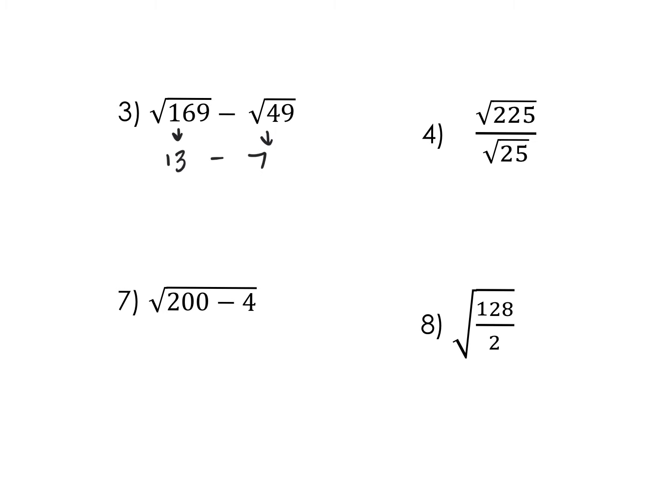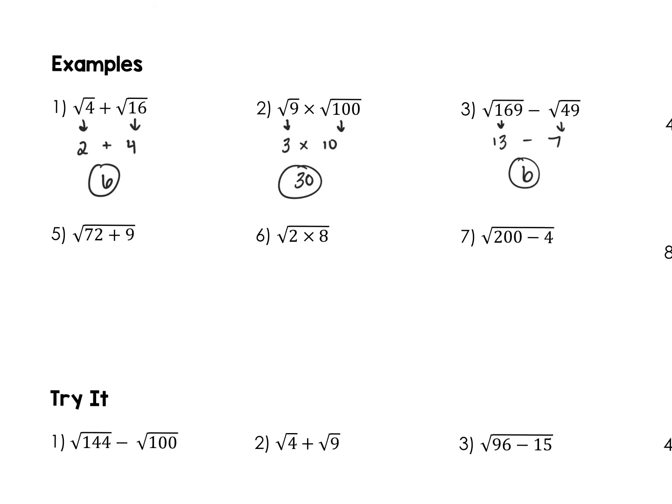Square root of 49 is 7. 13 minus 7 is 6. We can even divide. Let's see, for this one, the square root of 225 is 15. The square root of 25 is 5. 15 divided by 5 is 3.